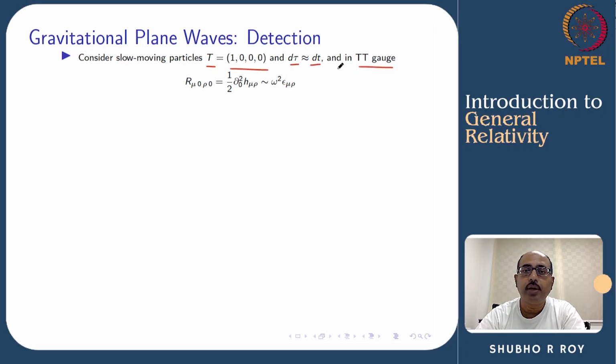If you use this, then linearize the Riemann tensor, the component which is going to appear in the geodesic deviation is mu 0, rho 0, mu 0, 0, because we are using the slow-moving approximation. In that case, it turns out that the Riemann tensor is given by the second order time derivative of the metric perturbation. Or if you write using plane waves, this double derivative in time is going to bring down two factors of omega.